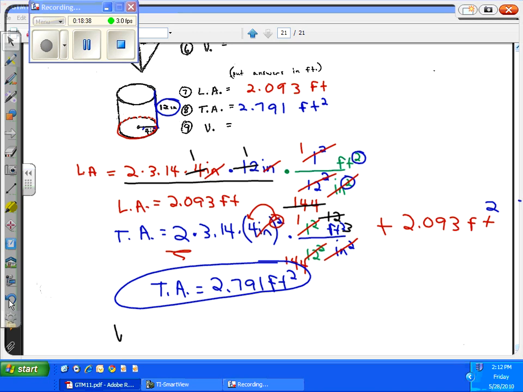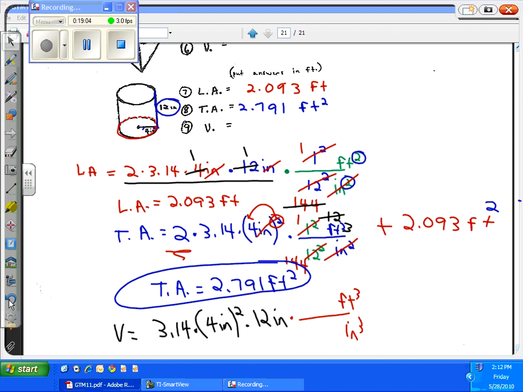And then for the volume, it is equal to the area of the bottom, which was pi times the radius of 4 inches square, times the height of the prism, which was 12 inches. But then we want to lose that name cubic inches and gain the name cubic feet.